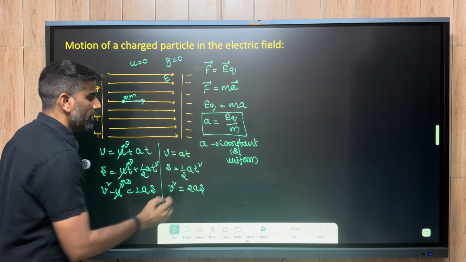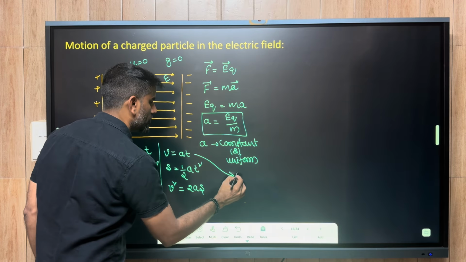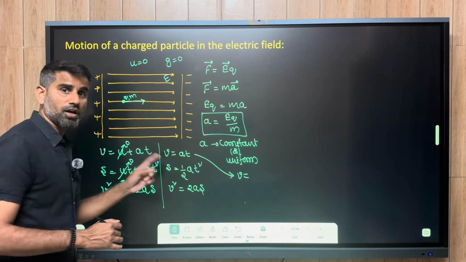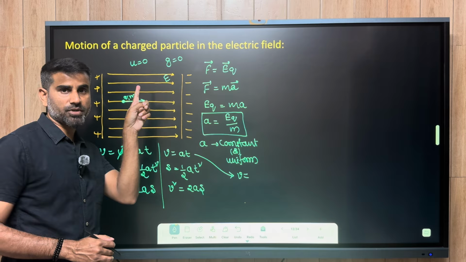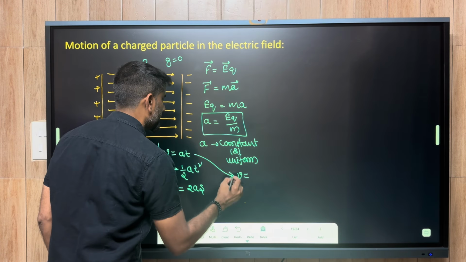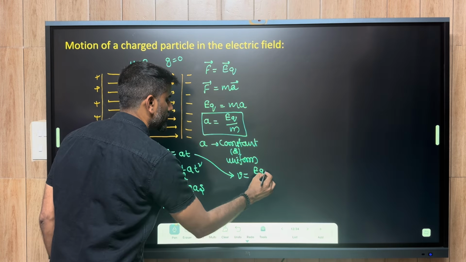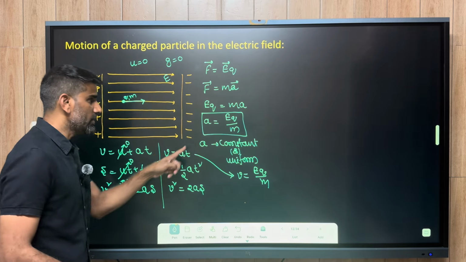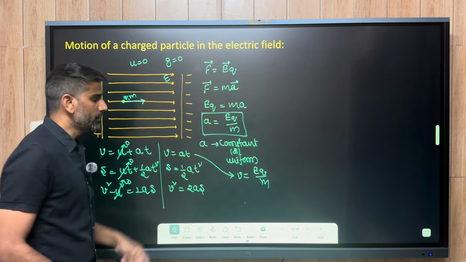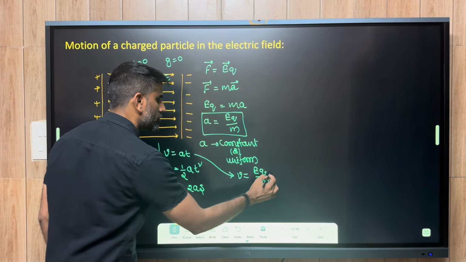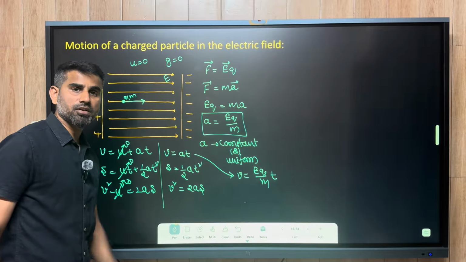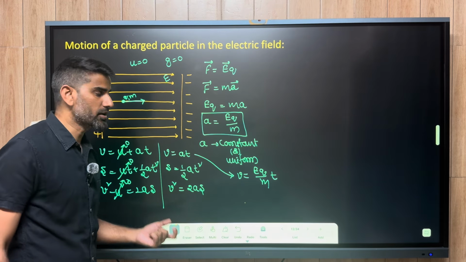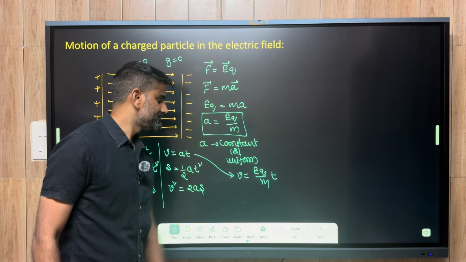I'm going to write these equations here. v, the velocity of the charged particle after some time t, with acceleration eq by m. A is replaced with eq by m, so v is eq by m into t. This is the velocity acquired by the charged particle after time t.